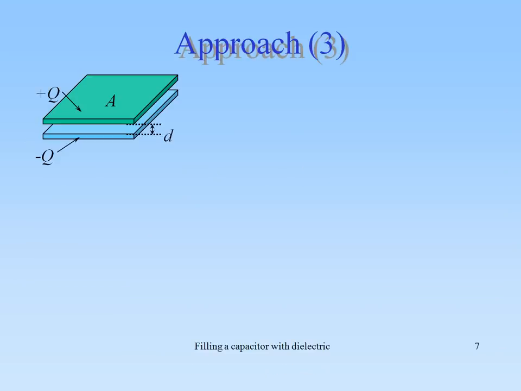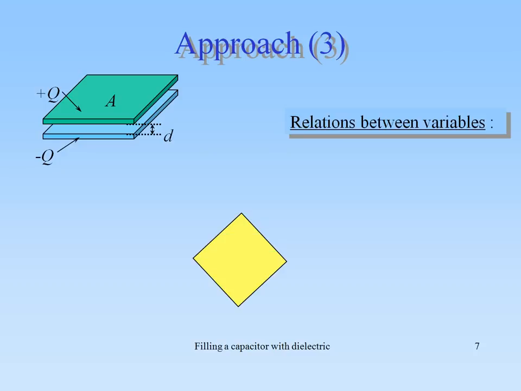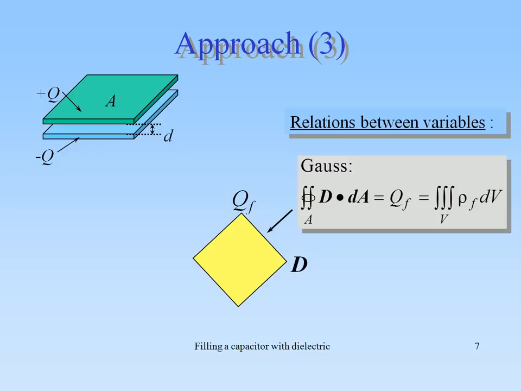What are these relations? We have a relation between the free charge, the charge that can be delivered to the plates or removed from the plates, and the displacement, and the relation between those is the Gauss law.